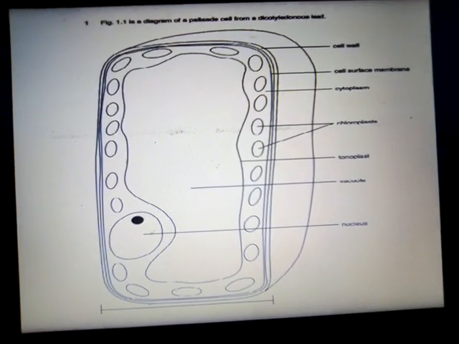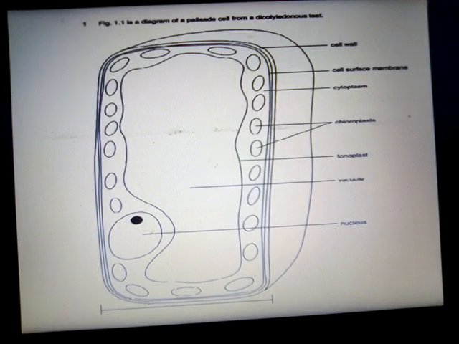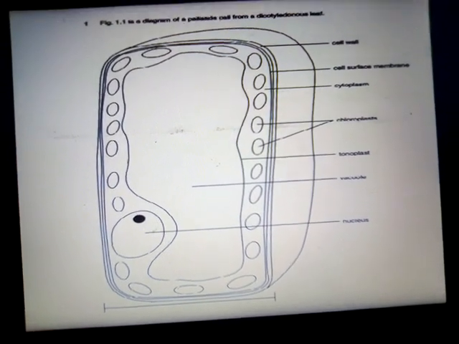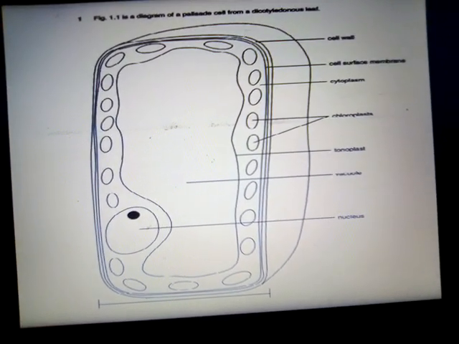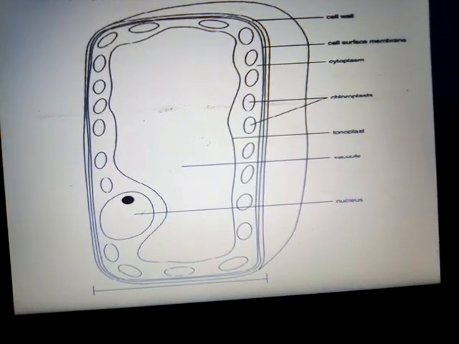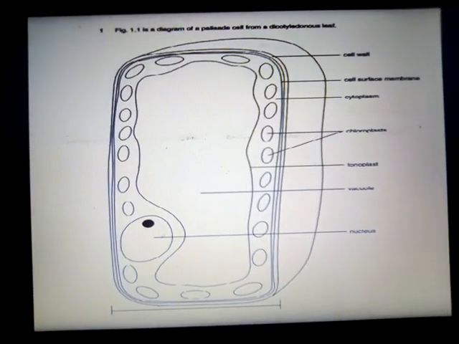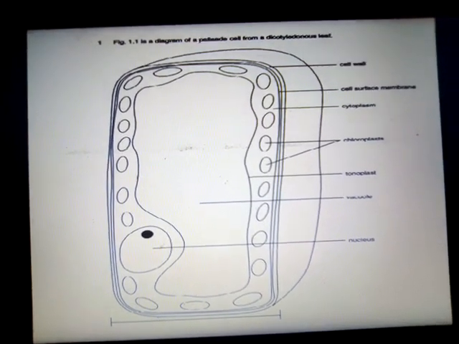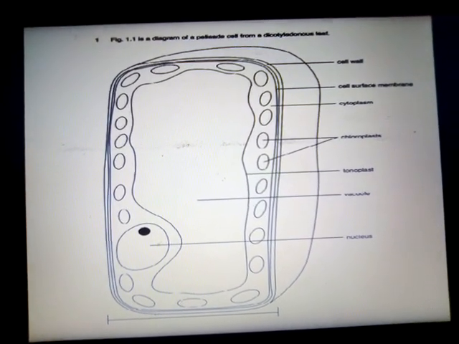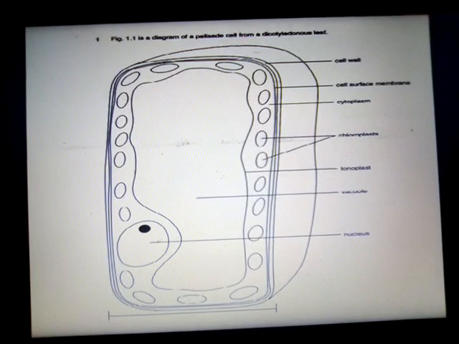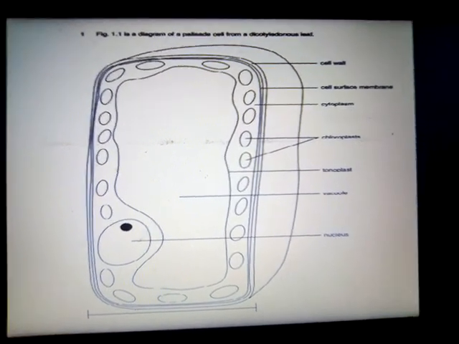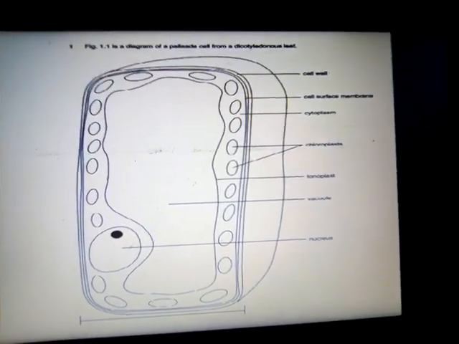Tonoplast is the membrane of the vacuole. Then we have, after tonoplast, vacuole, and then the nucleus. Diagram of a palisade cell from a dicotyledonous leaf. Draw it in your notebook.